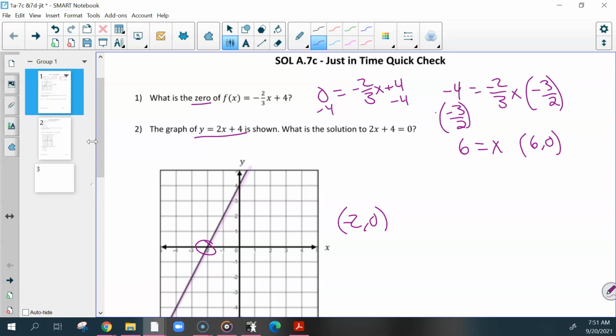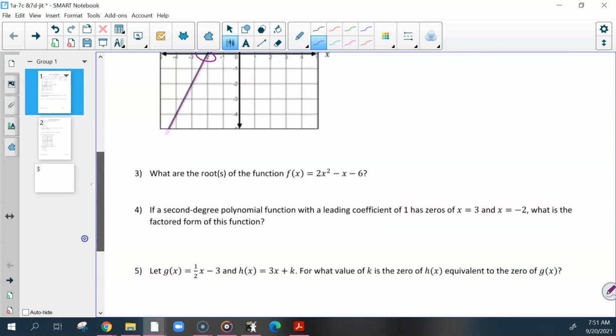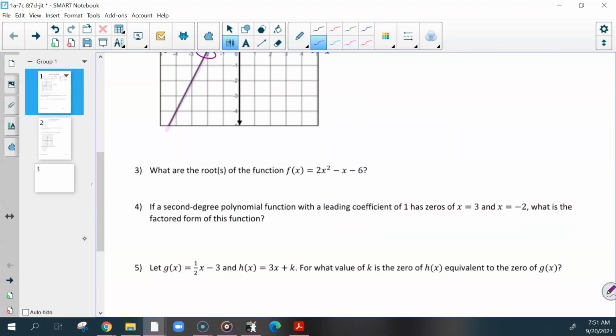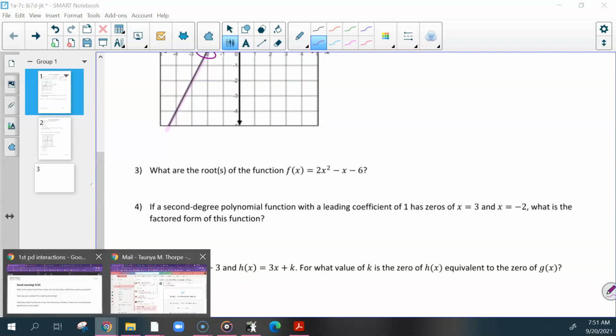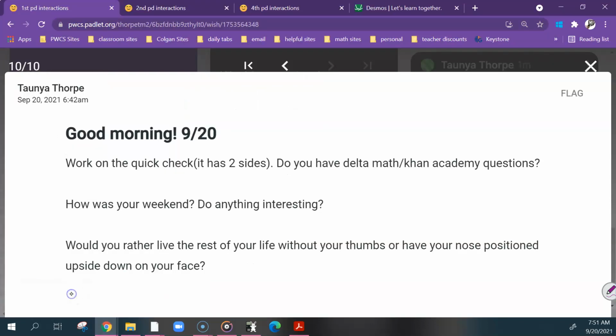For number 3, I think this was one I said put it in your calculator or Desmos. So really quickly, I'll put it in Desmos.